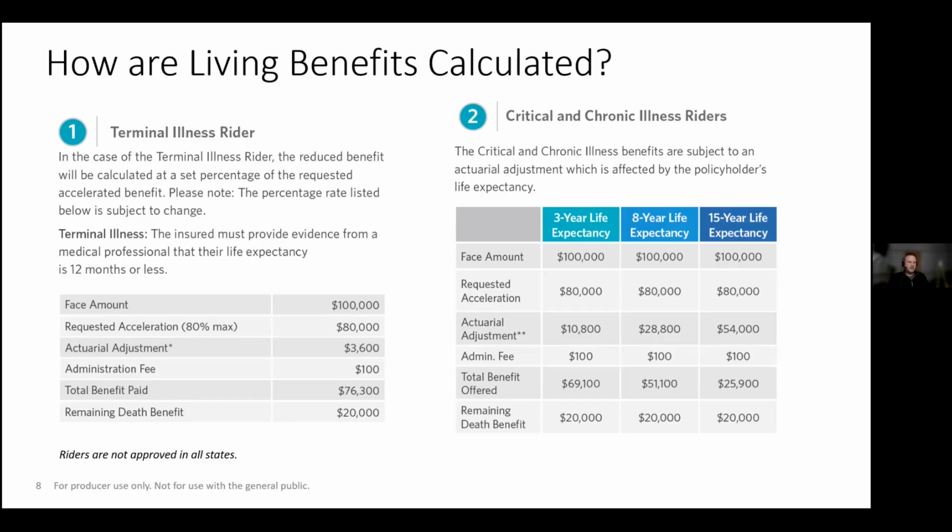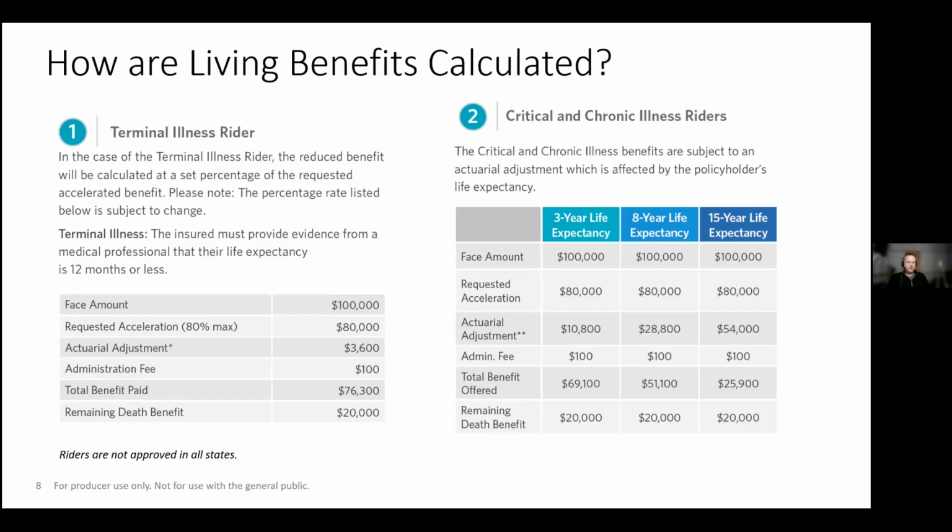So here are some different examples. The further the life expectancy, it means the longer we wouldn't have premiums coming in, and so the higher the actuarial adjustment and the lower the actual benefit offered from a check standpoint, and then the remaining will still be that $20,000.